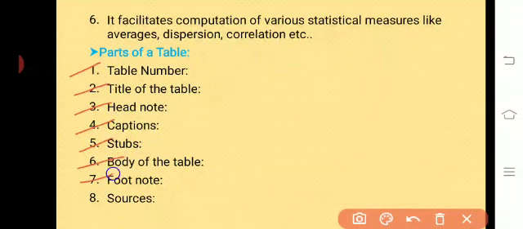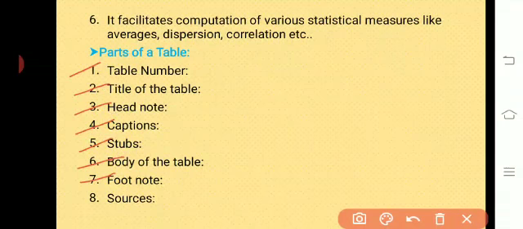The next part of a table is footnote. It is generally written below the table explaining in brief and precise, clarifying anything special referring to the table such as conclusions, remarks, inferences, omissions, additions, abbreviations, etc. that we have to write in the form of the footnote.